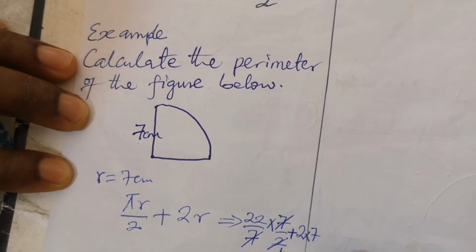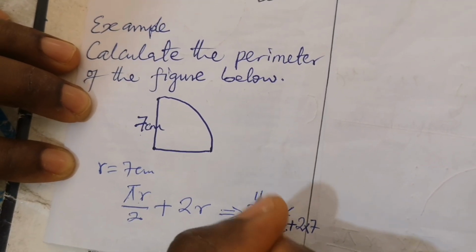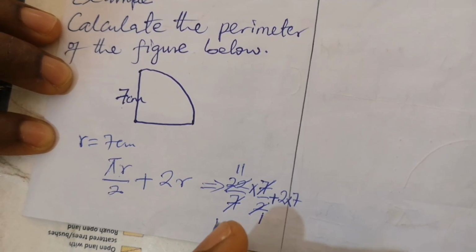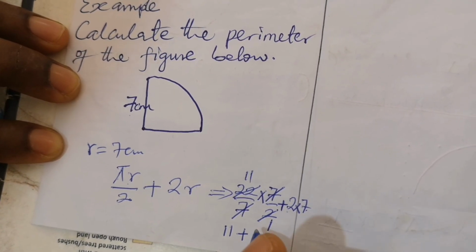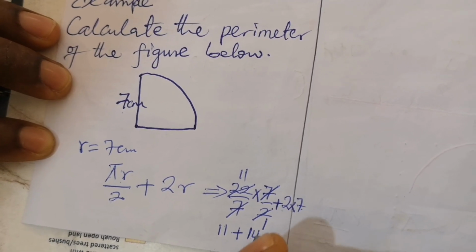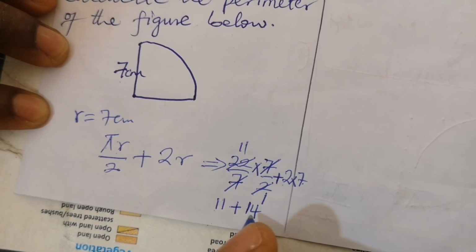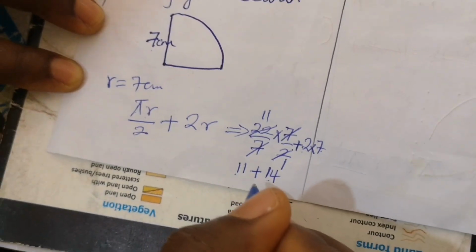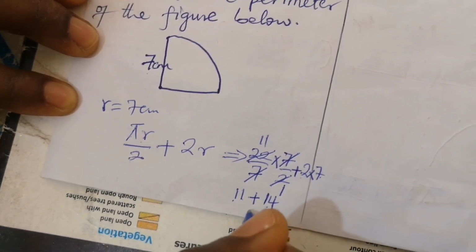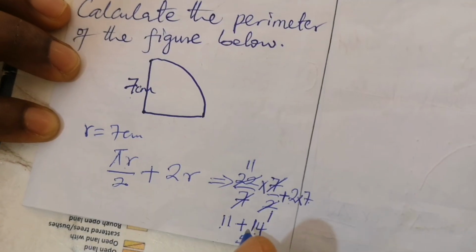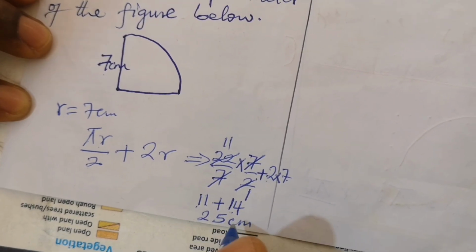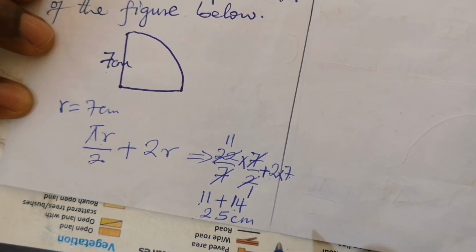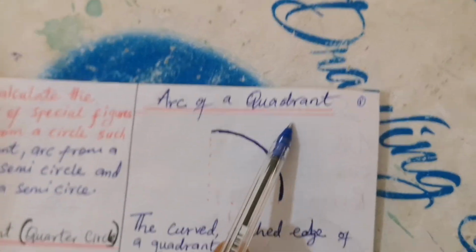Then 2 here is 1, 2 here is 11. Then I will come down with 11 plus this 2 times 7 will give us 14, so that 14 plus 11 will give you what? 1 plus 4 is 5, and 1 plus 1 is 2. So the perimeter is what? 25 cm.